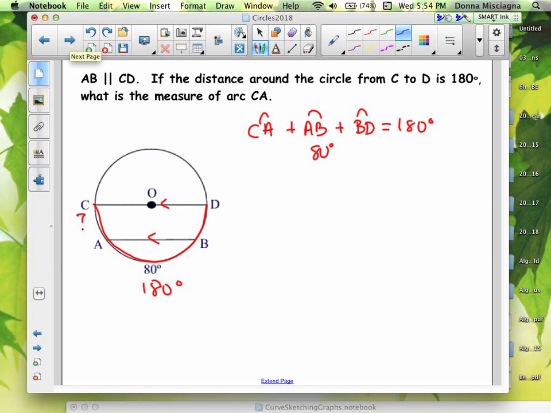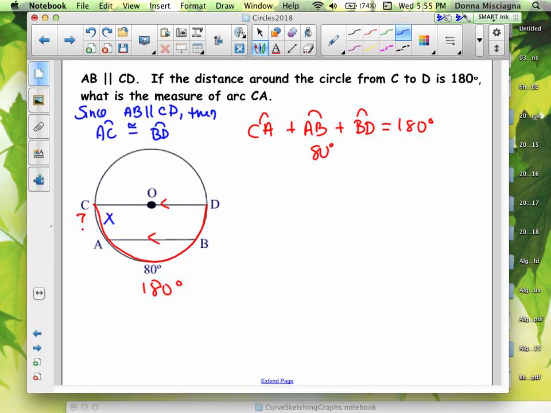So since AB is parallel to CD, then we know that arc AC has to be congruent to arc BD. All right, so that means that whatever they are, they're the exact same measure.